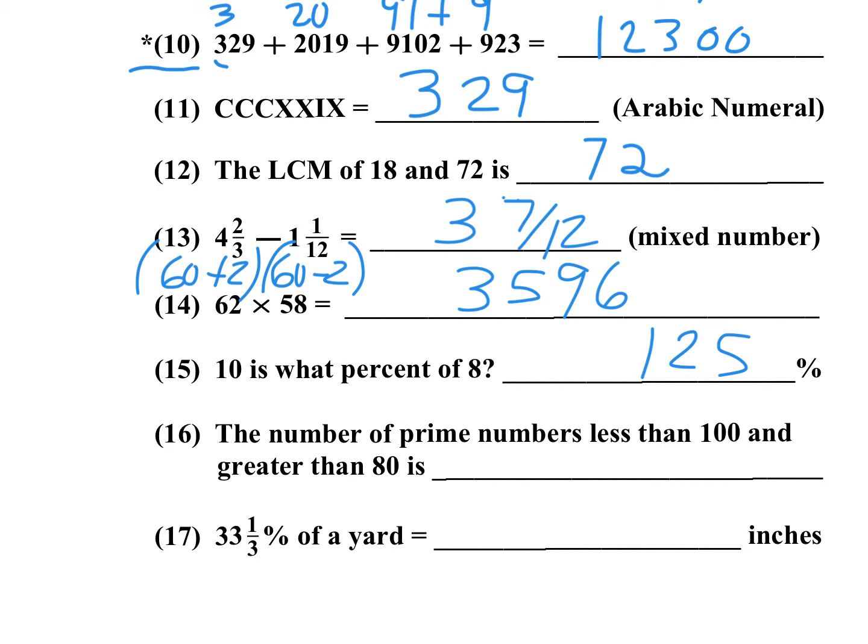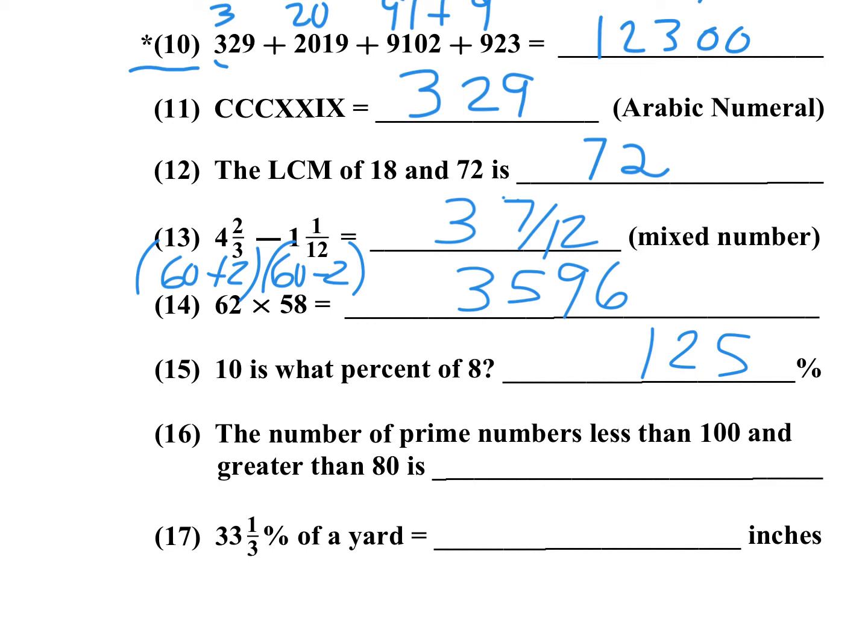Number 16 is a question on prime numbers between 80 and 100. How many prime numbers are less than 100 but greater than 80? So between 80 and 100. If you don't know by now, between 90 and 100, there's only one prime number, and it's 97.